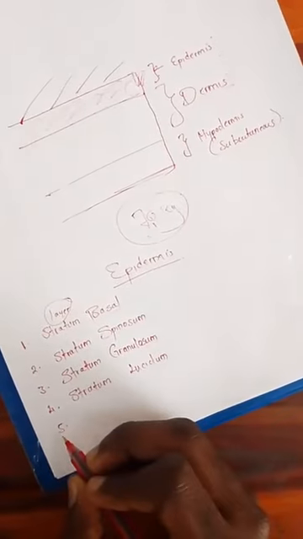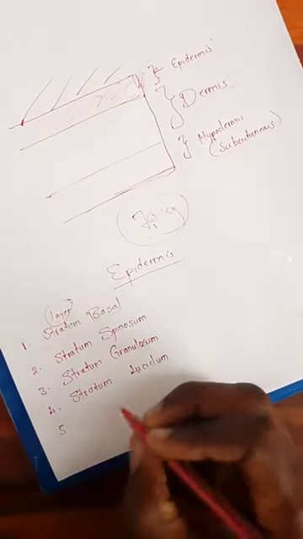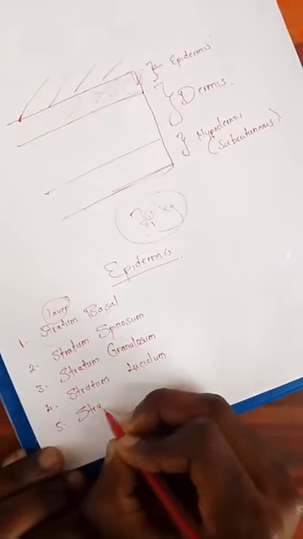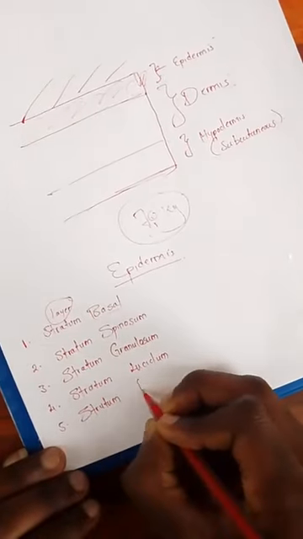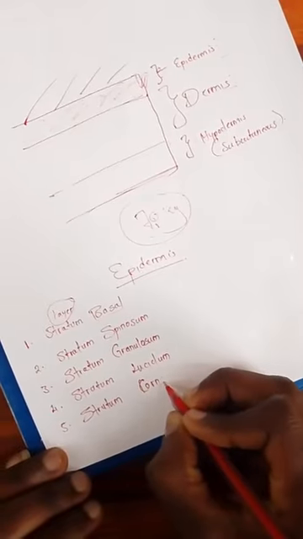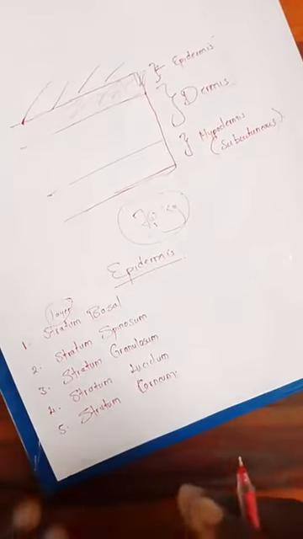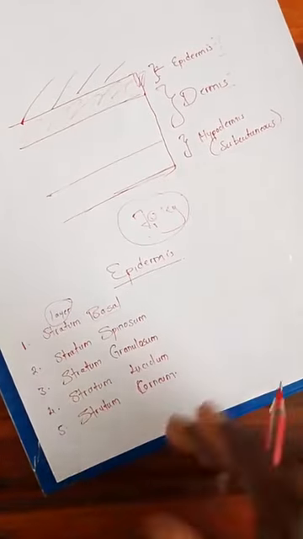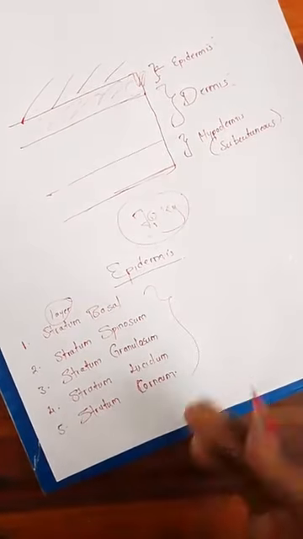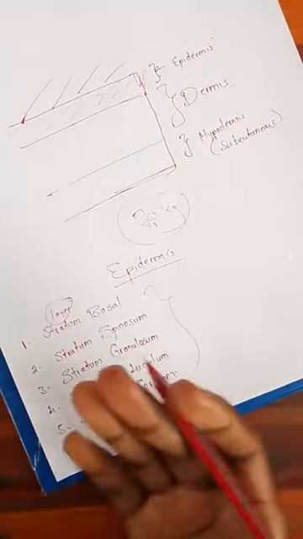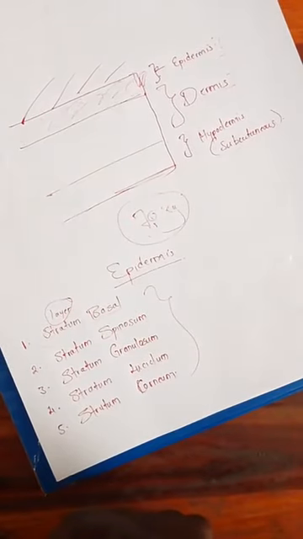Then the fifth layer, we are going to have stratum corneum. So these are the layers that we are going to find specifically in the epidermis. The epidermis consists of these 5 major layers.